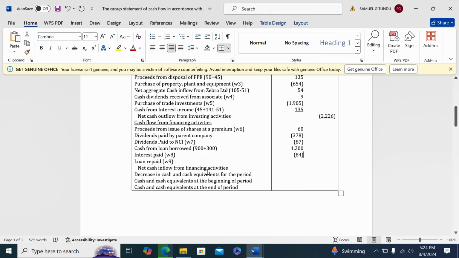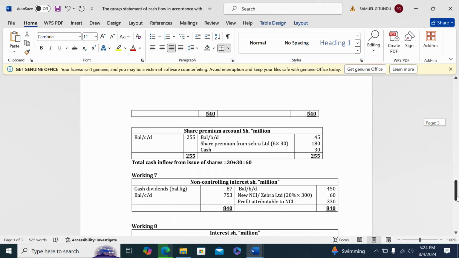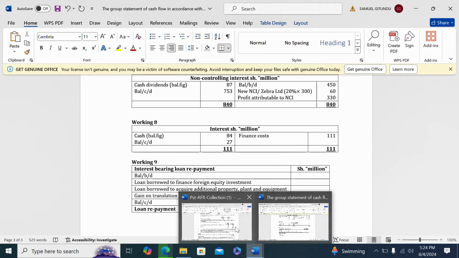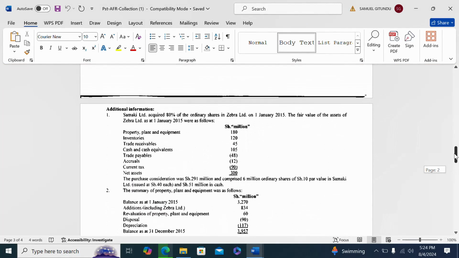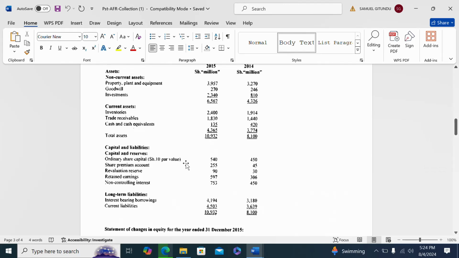Then the loan repaid, we can do our working 9 to get how much loan was repaid back. So what was the balance brought down of the interest bearing loan from our statement of financial position? The balance brought down was 180 and the balance carried down was 4194.